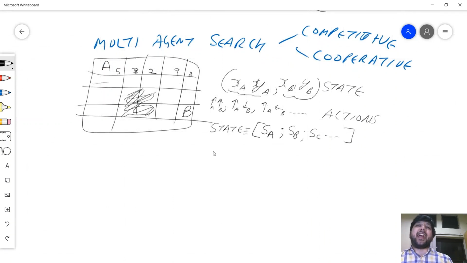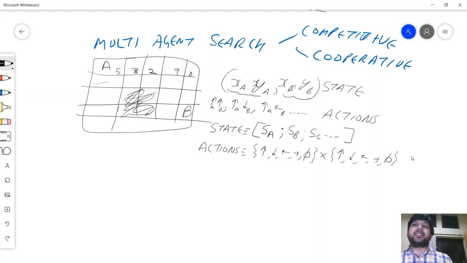In terms of actions, it is the actions of the first system, including the no operations, times the actions of the second system, including no operations, times the actions of the third system, and so on.